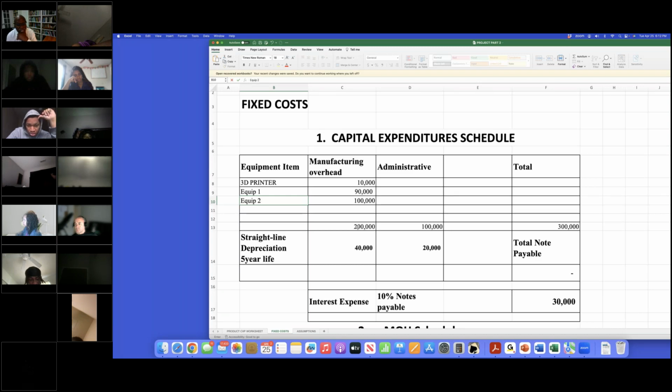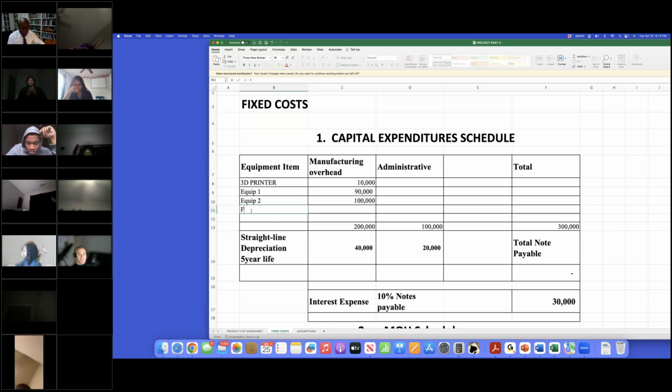On the administrative side, you have, let's just say, furniture. We don't want the president sitting on the floor. 80,000.